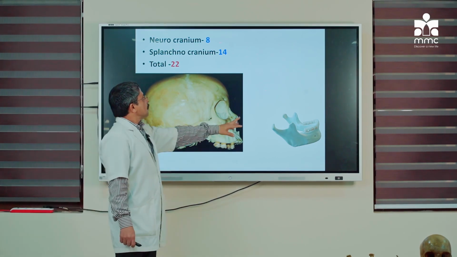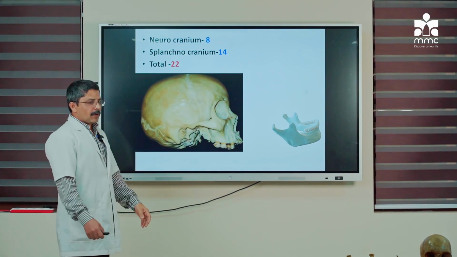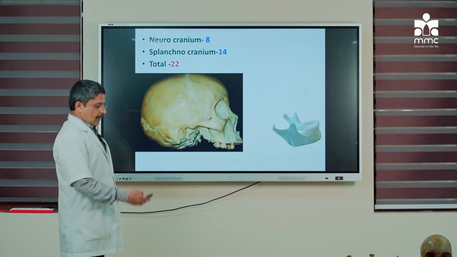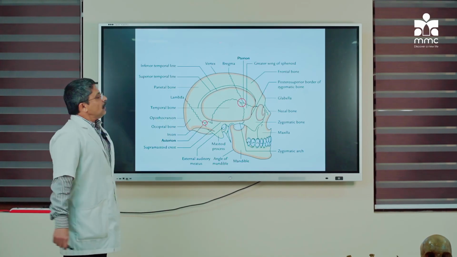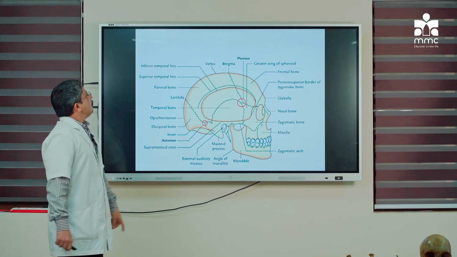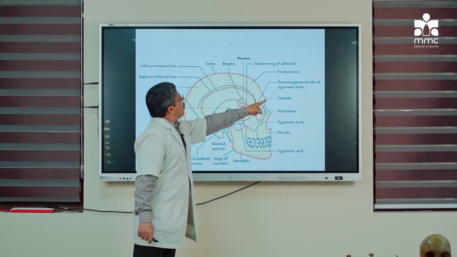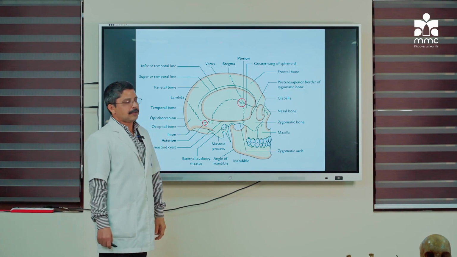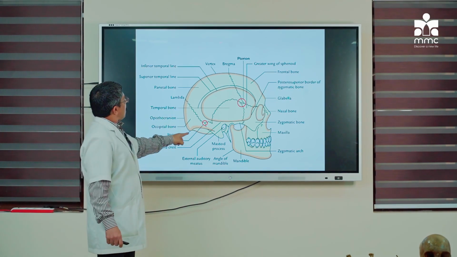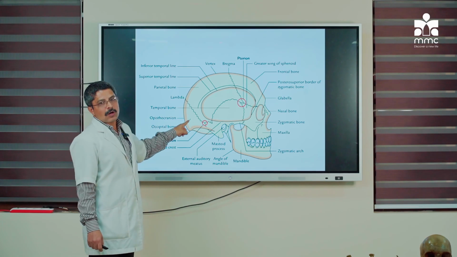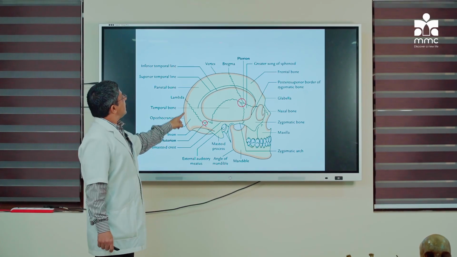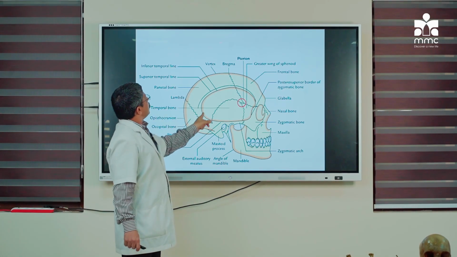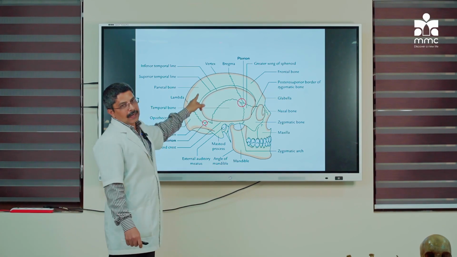This is the picture from the lateral aspect of the skull. Let us identify the bones. This bone is called the frontal bone, which is present in the anterior aspect. Here is a bone on the posterior aspect called the occipital bone. Then this bone is called the parietal bone.